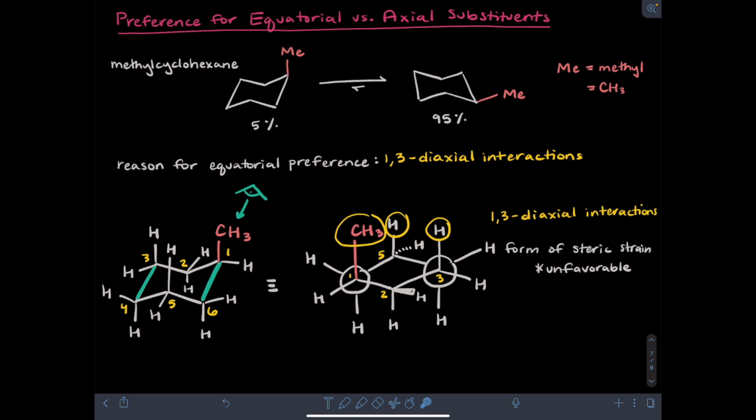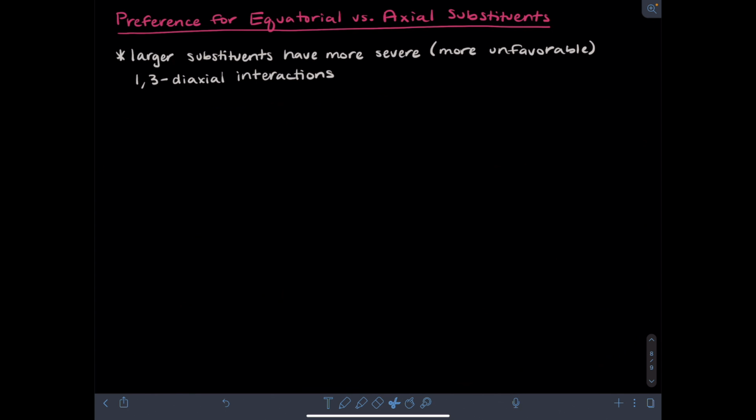We call this a 1,3 diaxial interaction, and this clashing of electron density makes this conformation unstable. The larger your substituent becomes, the more severe these diaxial interactions will be, and the more unfavorable the axial conformation is relative to the one in which your substituent is equatorial.